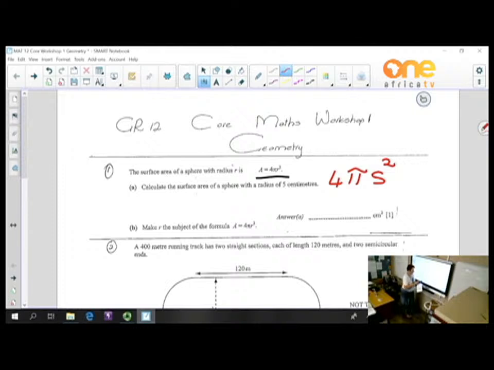So it is 5 squared times, and at the bottom of your calculator you will see that symbol pi, but we need to use shift pi, and then times 4 is equal to, and I have 314. You can give it in terms of pi, but you can multiply it out also.